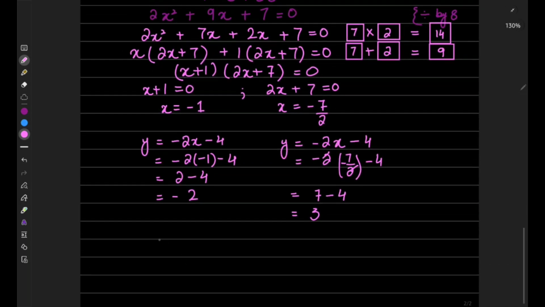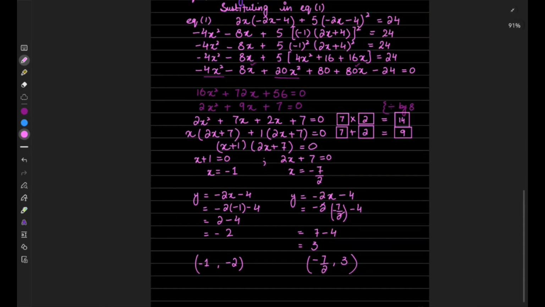So which two points do we have? One is (-1, -2), and the second would be (-7/2, 3). These are the coordinates of the points of intersection.